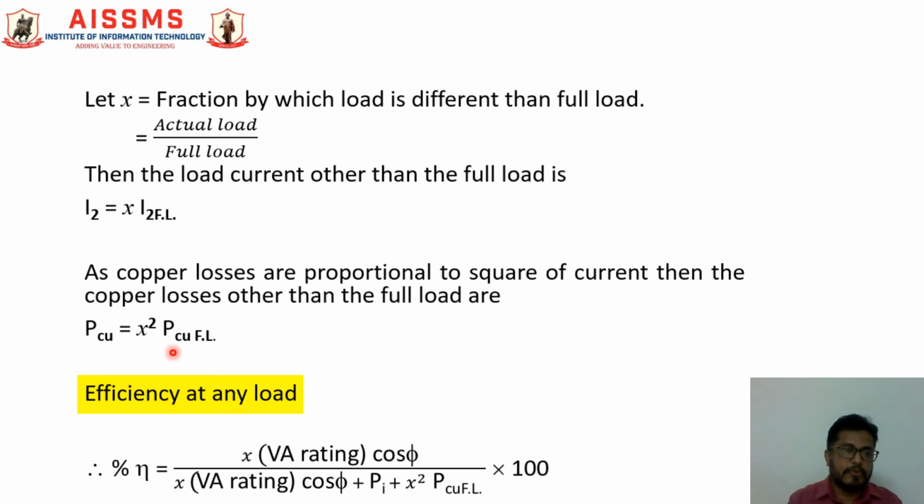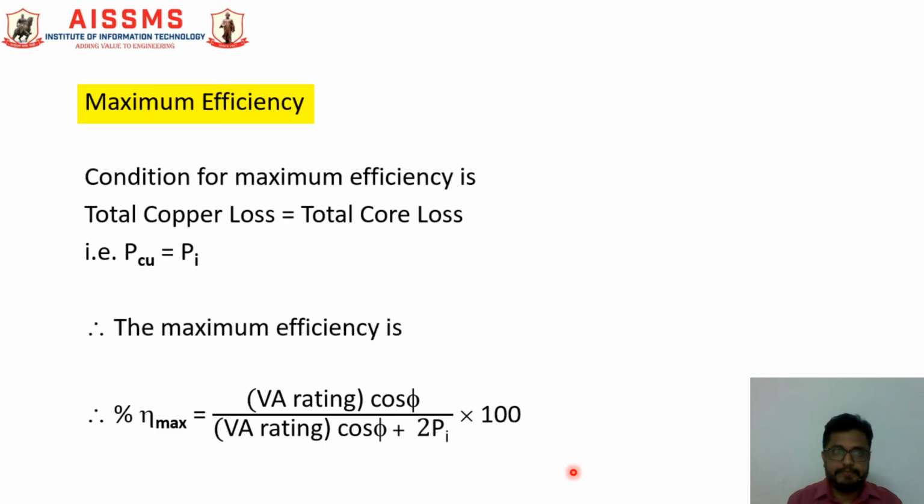So copper losses other than full load is equal to factor x square into copper loss at full load, and therefore efficiency at any load other than the full load is percentage eta equal to factor x multiplied by VA rating into power factor cos phi divided by factor x into VA rating into power factor cos phi plus core loss, that is Pi, plus x square full load copper loss multiplied by 100.